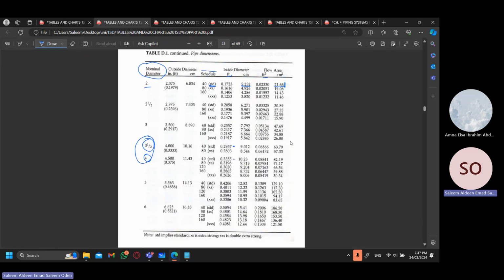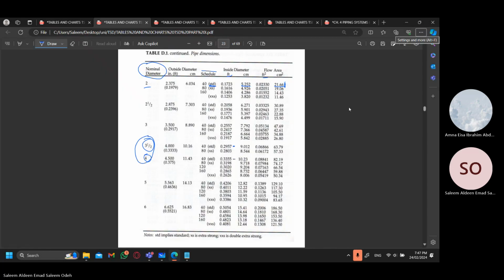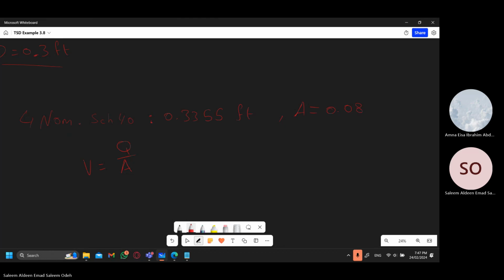Sorry, I forgot to get the area, which is 0.08841. We have the volume flow rate, and now we have the area, which gives us a velocity of approximately 3.39 foot per second.